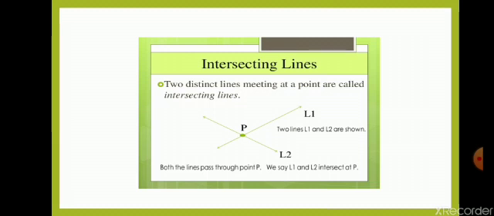Look at this picture. Here we take two lines L1 and L2 intersecting at the point P. This point we call the point of intersection. Both the lines pass through P.